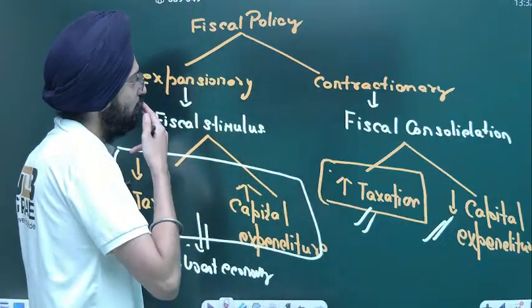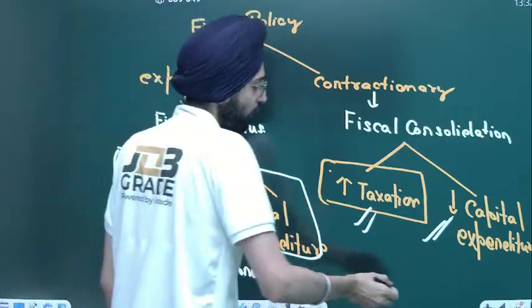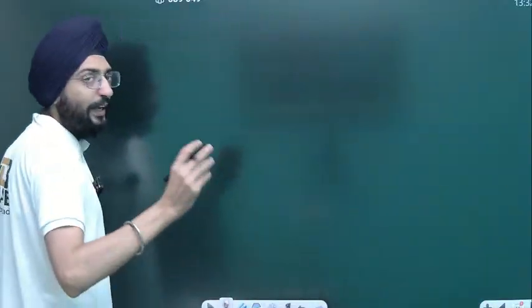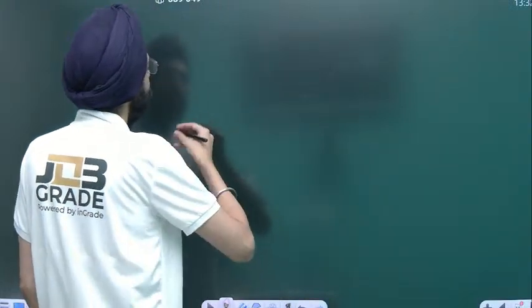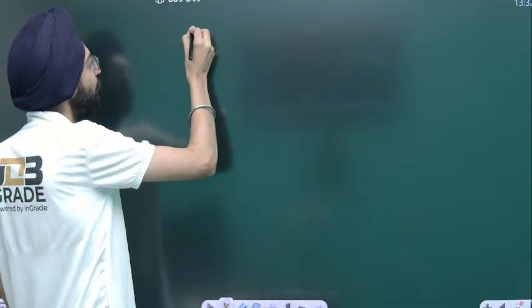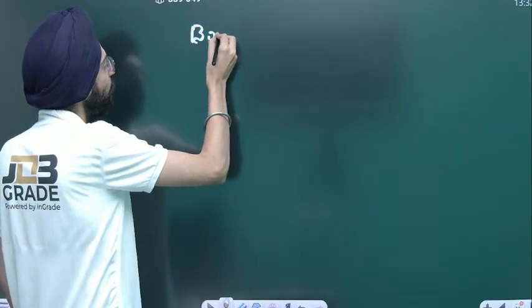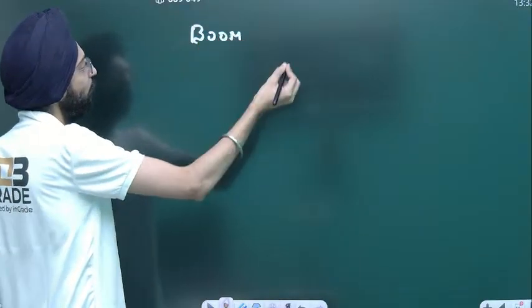Let me give you a glimpse of fiscal policy once more. I'll make a chart to help you understand how it operates. Take an example: it's a boom period, where the economy is running on bullish terms, and then recession.